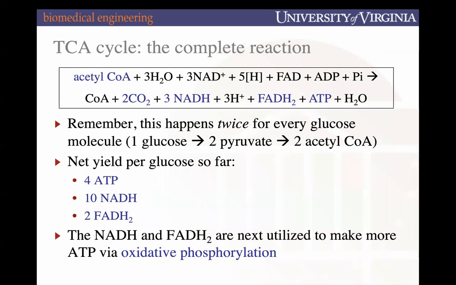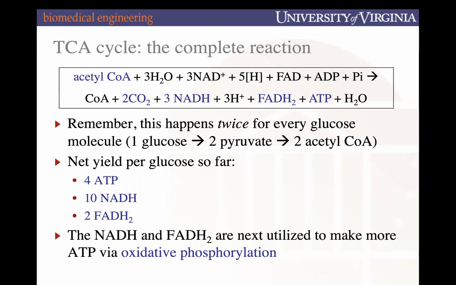So the complete TCA cycle here, in summary, is that with the input of 1 acetyl-CoA, we were able to yield 3 NADHs, 1 FADH2, and 1 ATP.